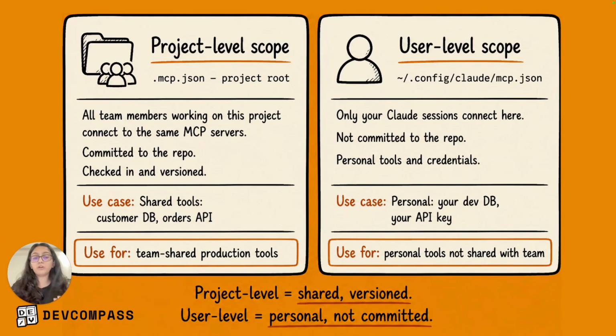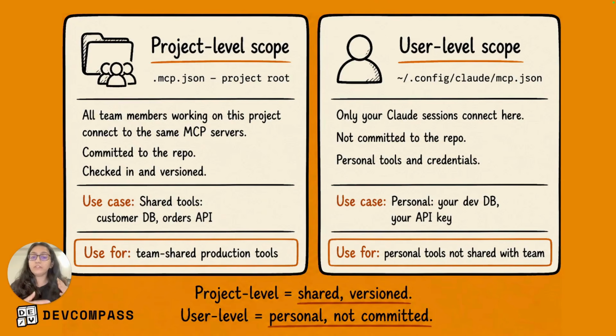When a team member clones the repo and runs the agent, they automatically connect to the same MCP servers the rest of the team connects to. The tools are shared, the server addresses are shared. This is for production tools that everyone on the team needs. Your customer database connection, your order API, your shared business tools: committed, versioned, consistent across the team.